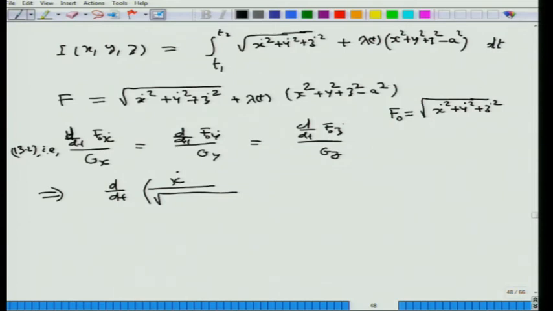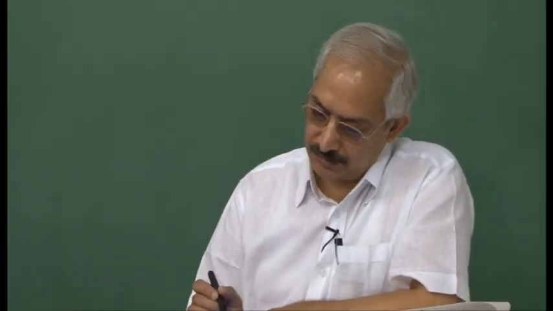So, this is what we have here, and whether we write f0 or not does not really matter. We will have the same result, because this x dot, y dot, z dot are involved only in this f0 part, and that is why we get f0 here.